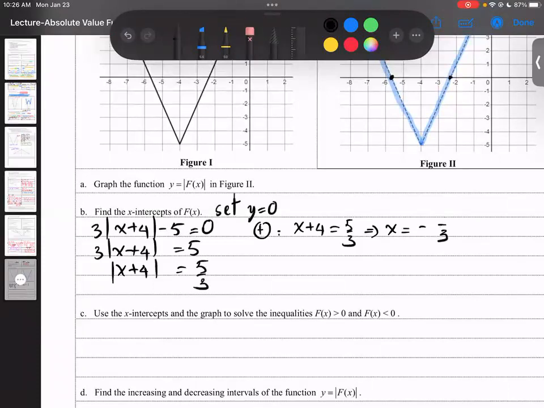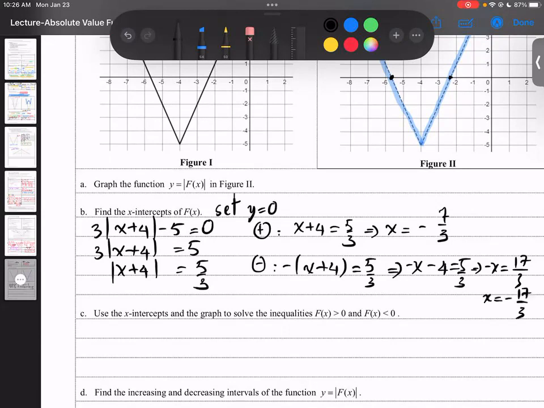You use your calculator if it's an exam. And then the negative case: negative (x plus 4) equals 5/3. Negative x minus 4 equals 5/3. Negative x equals 17 over 3, 12 plus 5 is 17. So x equals negative 17 over 3.